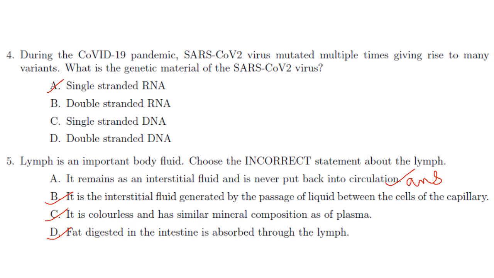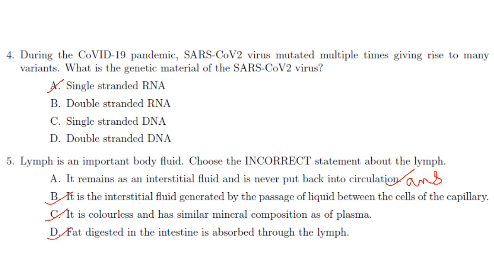And before explaining that, I will explain A. So what is interstitial fluid? Tissue fluid is also known as interstitial fluid. It is the fluid running between cells and blood capillaries in a tissue or an organ. The tissue fluid, when entering into the lymphatic system, is known as lymph.